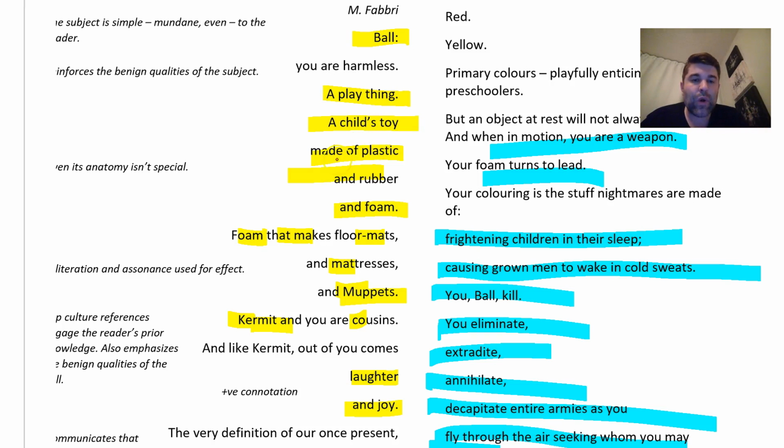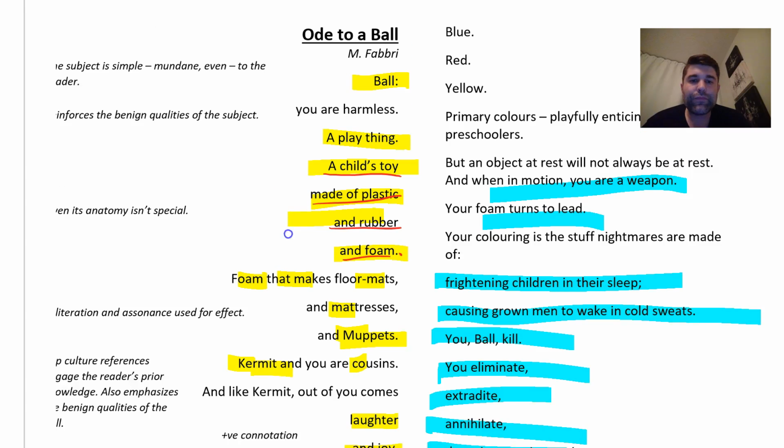"A child's toy made of plastic and rubber and foam." Look, this is all one sentence. "Made of plastic and rubber and foam." Period. But I'm isolating "made of plastic and rubber and foam." These are all harmless things by themselves. Okay? I'm making a point.